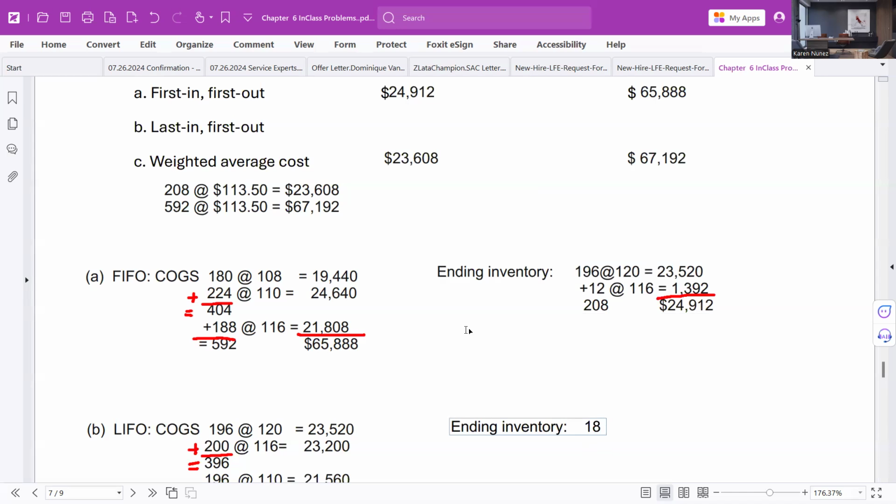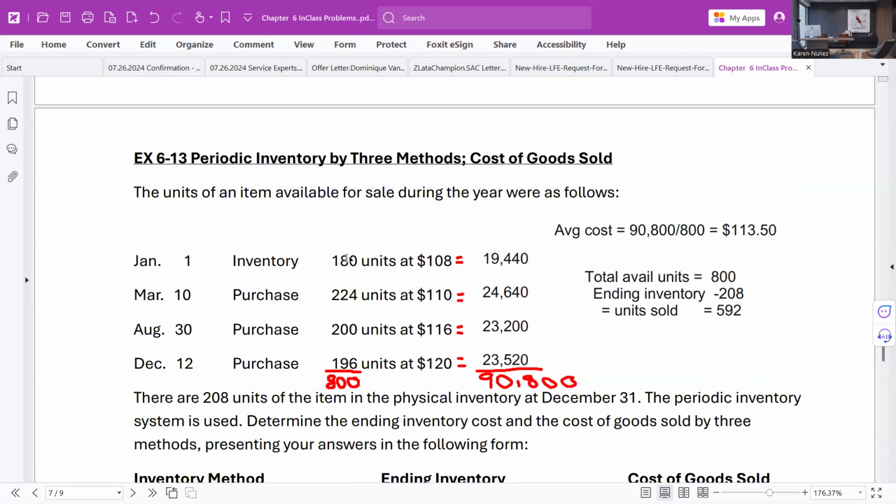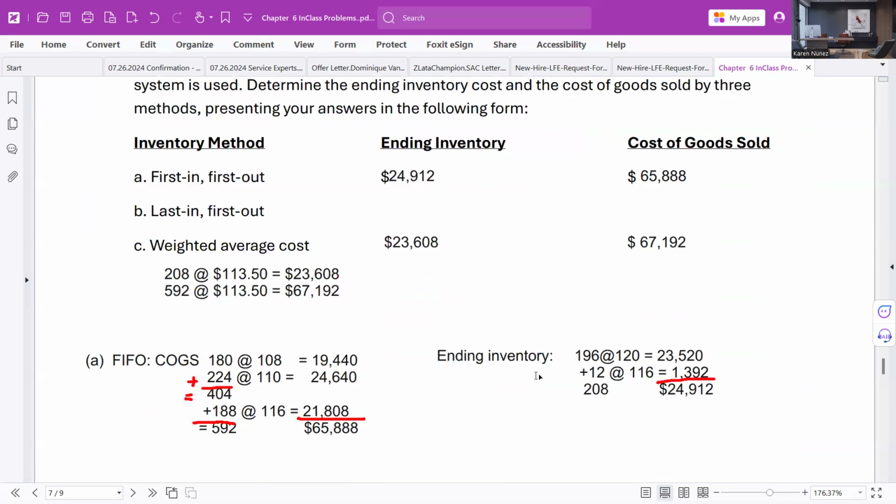So 180 at 108 equals 19,440. Then we got 28 at 110. How do I know we need 28? Because the total needs to be 208. LIFO, last in, first out: the ending inventory is the first ones, 180 at 108 and 28 at 110.